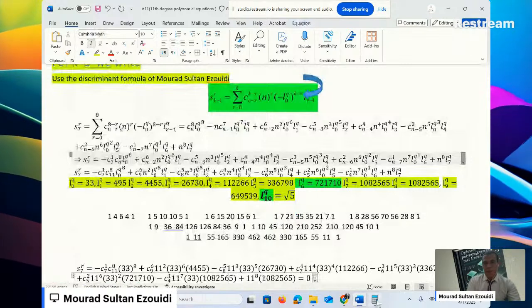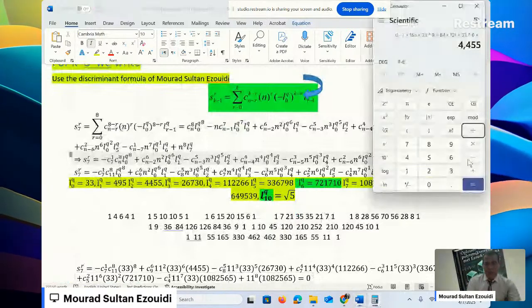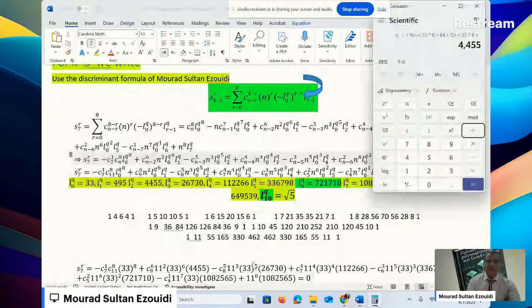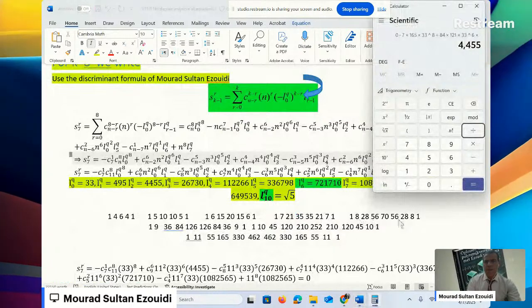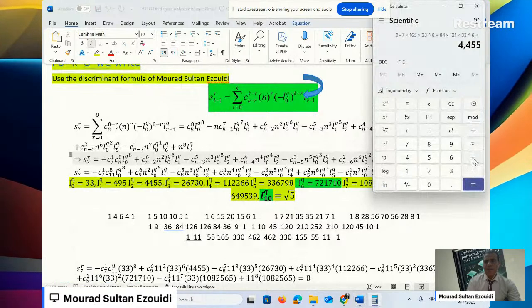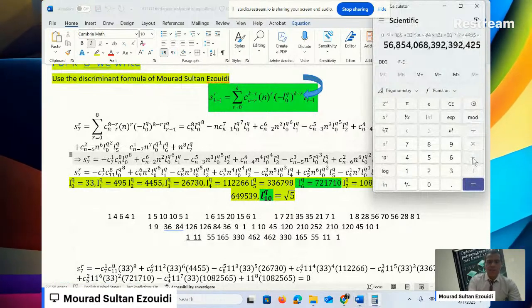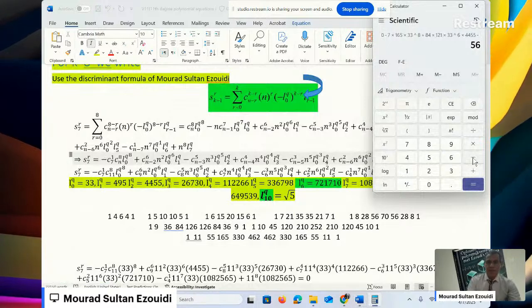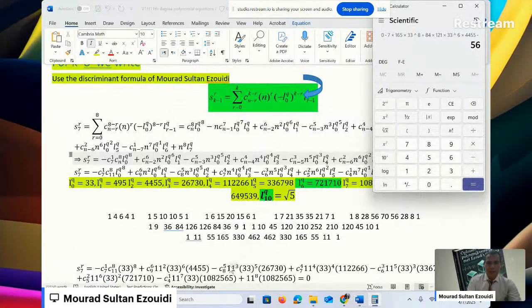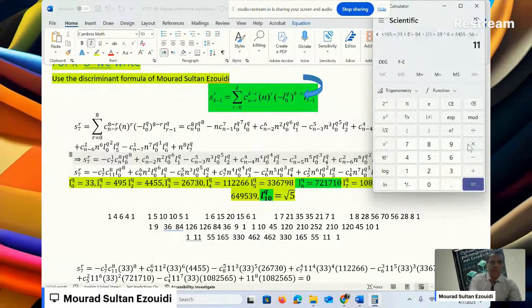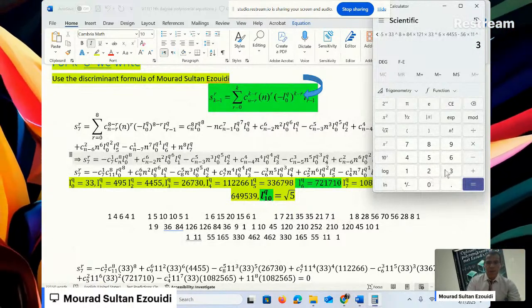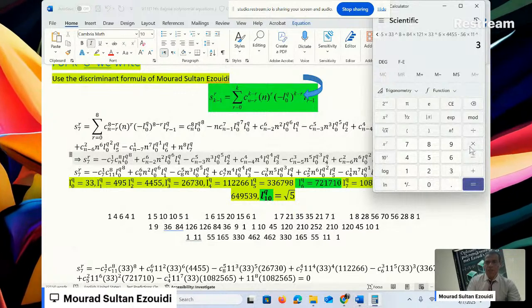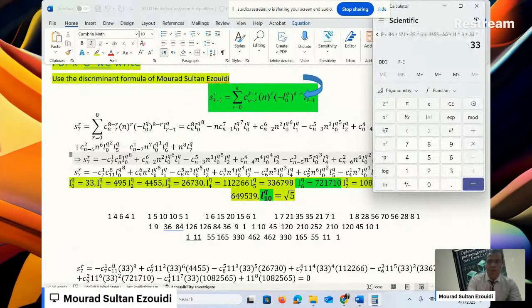We started with minus 8 plus 5 is 3, 4, 5, which means minus 56, times 11 cubed, times 11 raised to the 4, times 33 raised to the power 5.